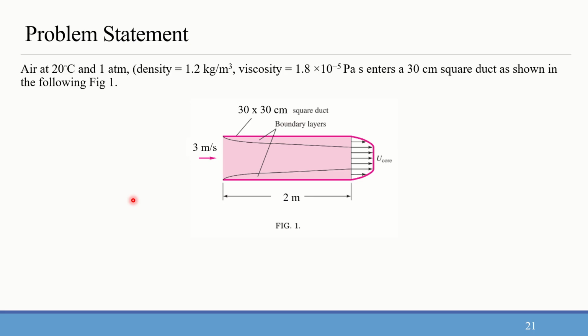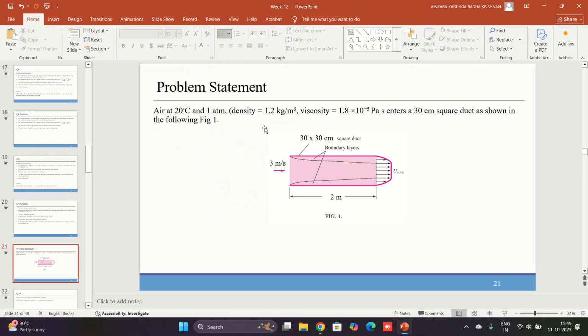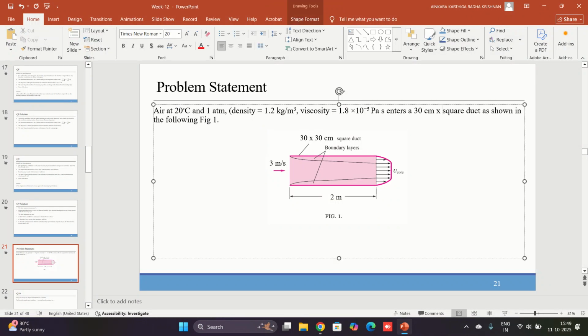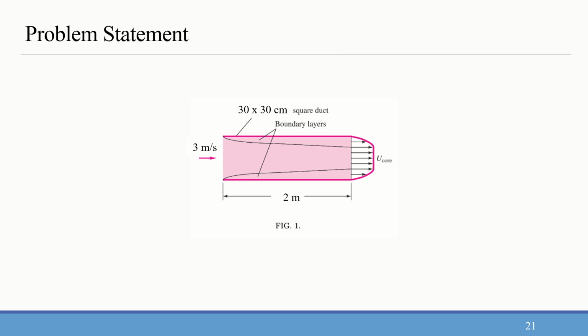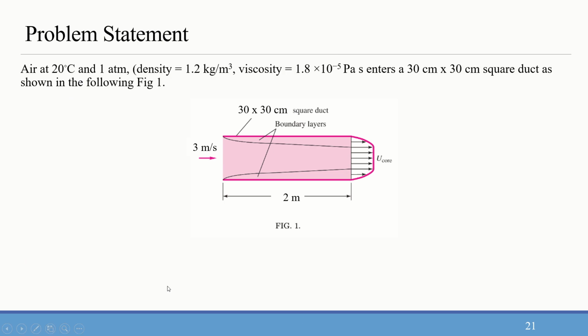Air at 20 degrees Celsius and 1 atmosphere, with density 1.2 kg per meter cube and viscosity 1.8 times 10 power minus 5 Pascal second, enters the 30 centimeter square duct as shown in figure 1.